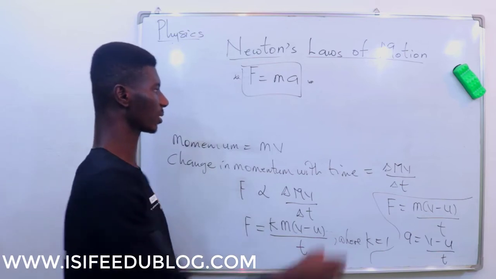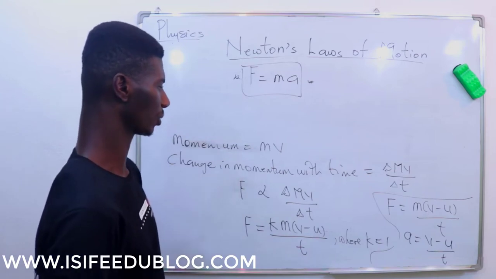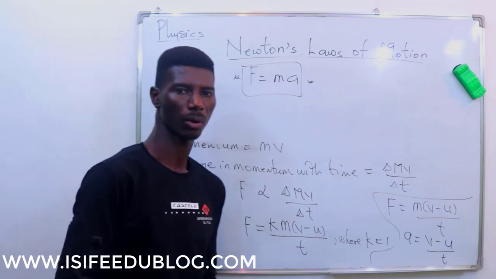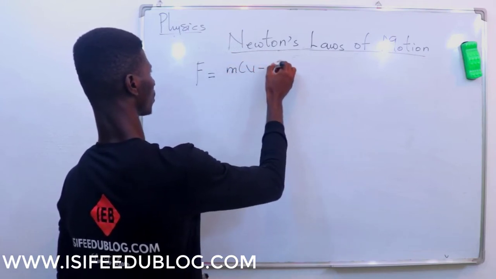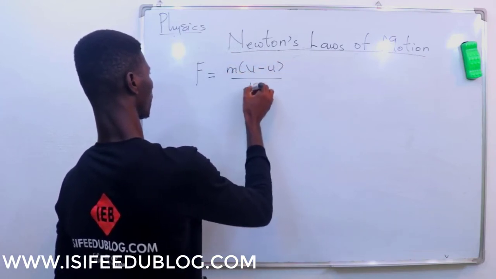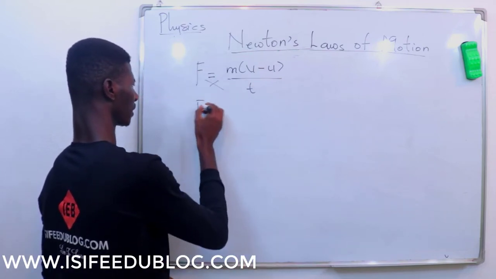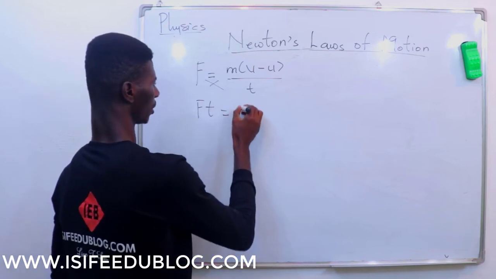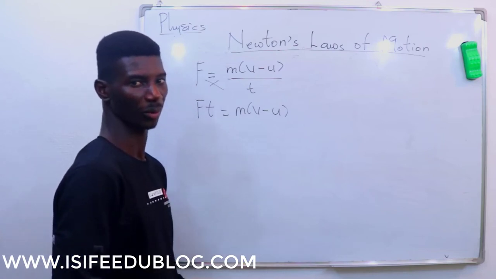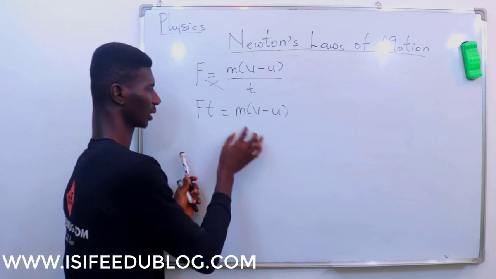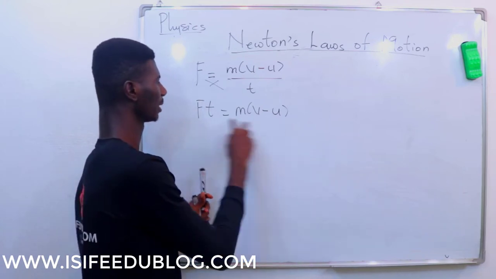Now, another concept that we are going to touch on later is impulse. Remember, F is equal to m(v minus u) divided by t. If I cross multiply, I have that Ft is equal to m(v minus u). From what I showed you initially, this is the change in momentum.